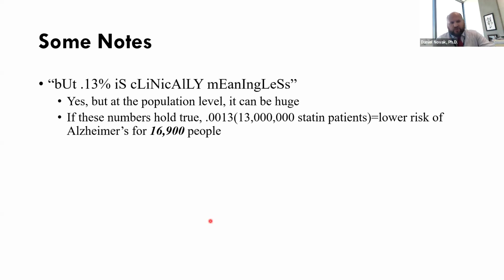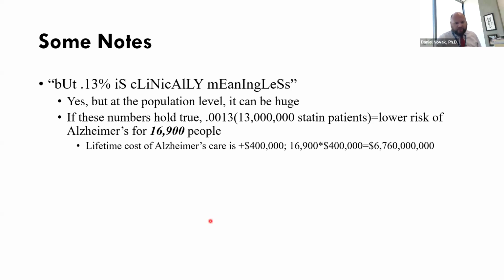If these numbers held true, which we've run them since, and they're slightly different, but not too far off in terms of scale. If there are 13 million statin patients in our system and 0.0013 of them got statins and had a lower risk of Alzheimer's, that'd be 16,900 people.